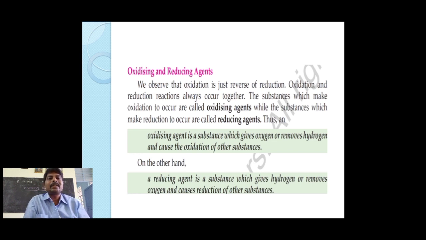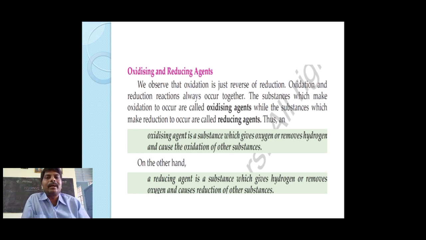Students, you have to understand clearly. What is an oxidizing agent? The substances which make oxidation occur, which are helpful for oxidation to occur, are called oxidizing agents. Similarly, the substances which make reduction occur are called reducing agents.